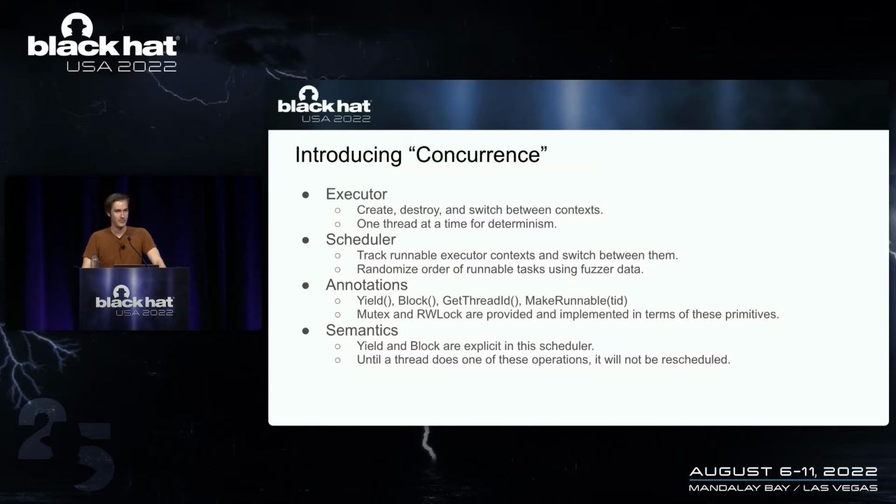I guess the project I began working on I call concurrence, but it's still kind of TBD how to name this. I don't know, but it's sticking. So essentially what I did is I created these few components to help me with this problem. The first is an executor, which essentially provides the subprimitive of creating, deleting, and switching between threads or contexts.